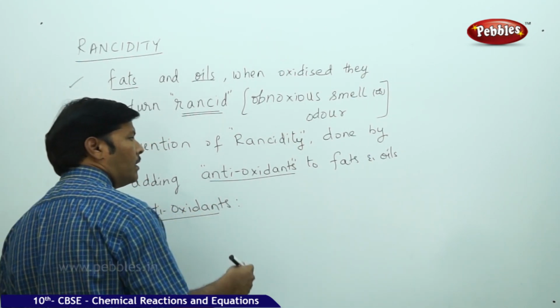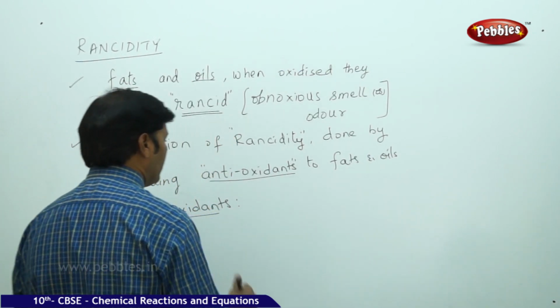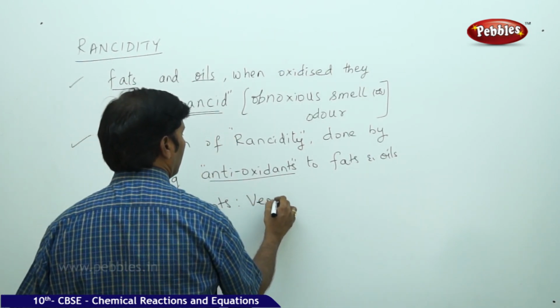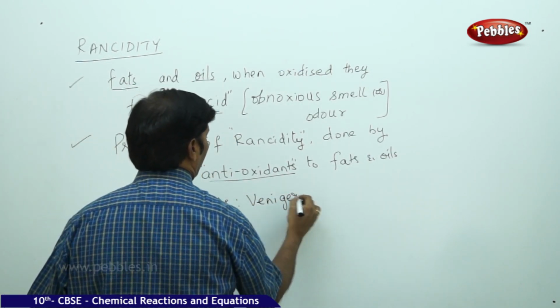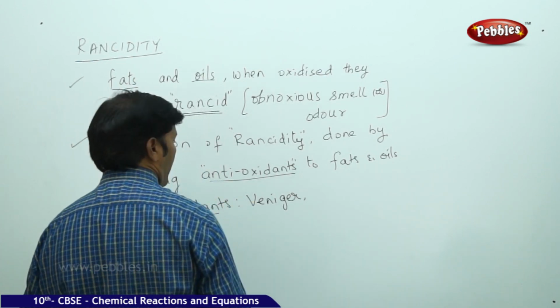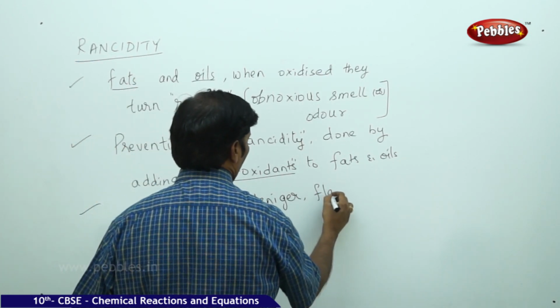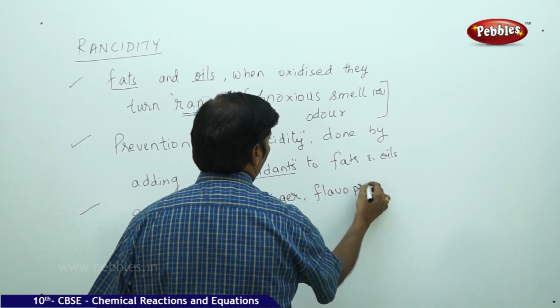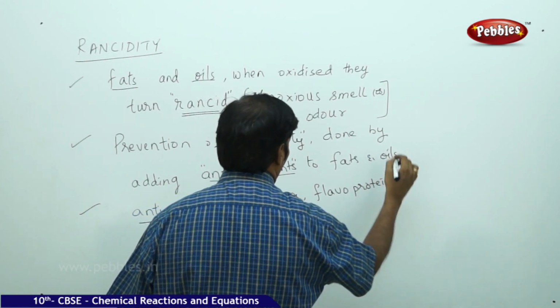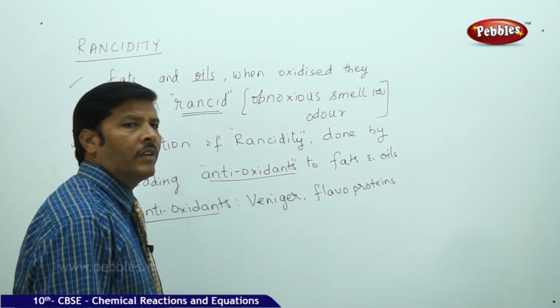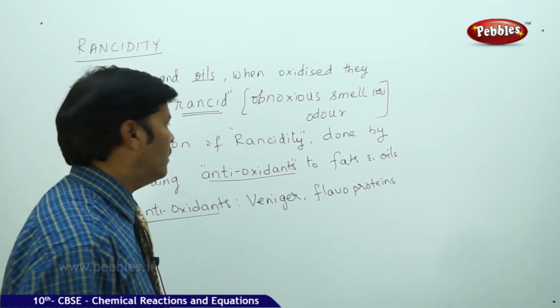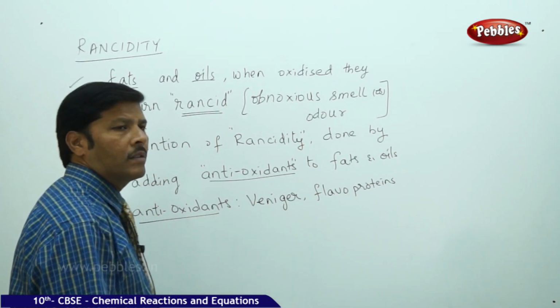Anything which prevents the decay, you can add; for example, we can add a small amount of vinegar or a small amount of flavoproteins and so on. All this will prevent the rancid nature of the oils and fats.